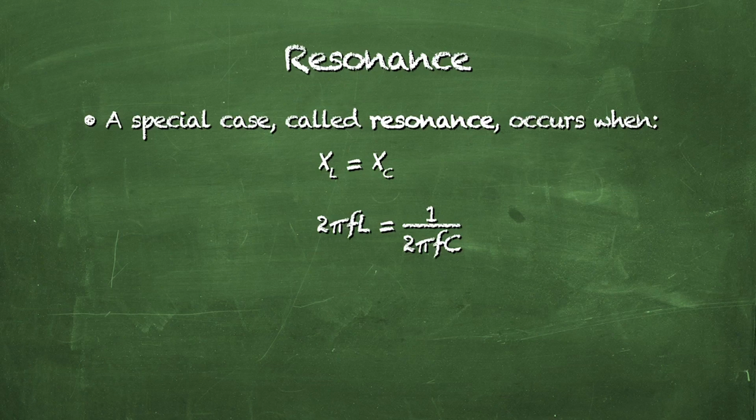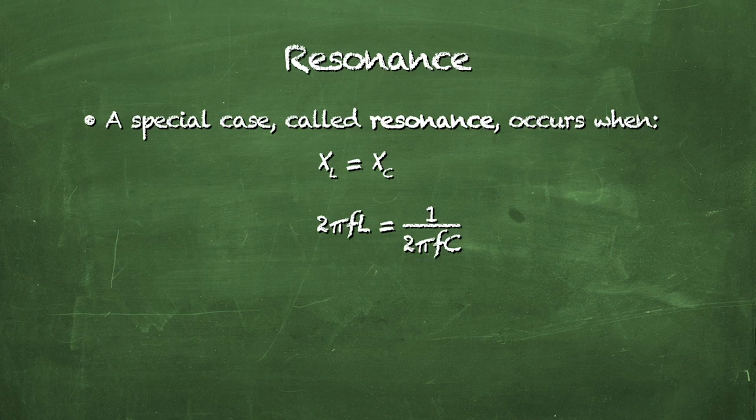So for a given inductance, L, and a different capacitance, C, the inductive reactance increases with frequency and the capacitive reactance decreases with frequency. So there has to be one frequency at which those are the same. We can solve this equation for the frequency.